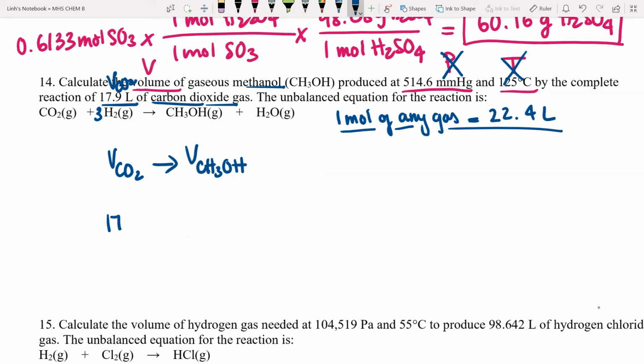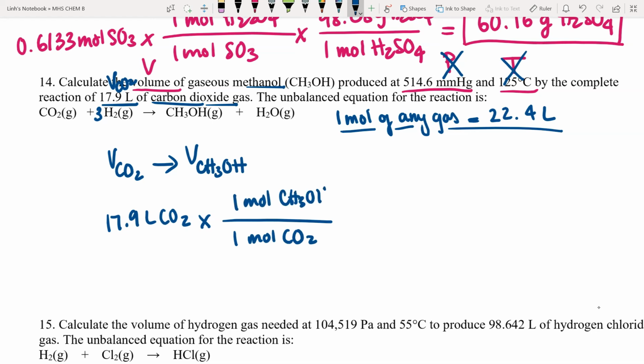So I'm going to start with 17.9 liter of CO2, and multiply that by 1 mole of methanol per 1 mole of CO2. And that will give me 17.9 liter of methanol.